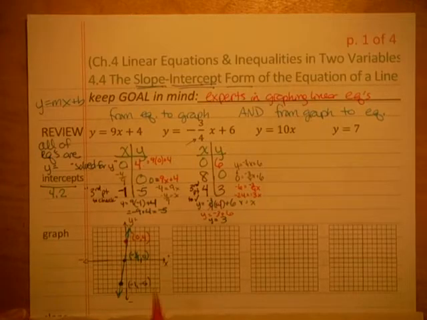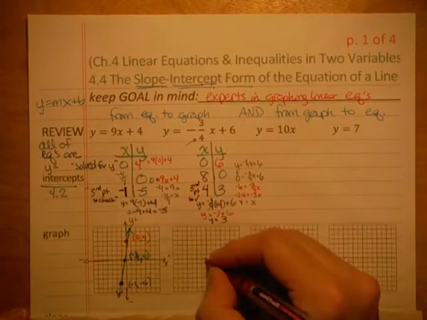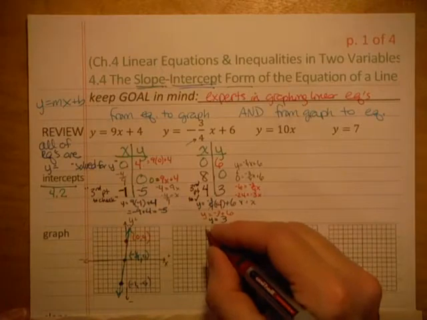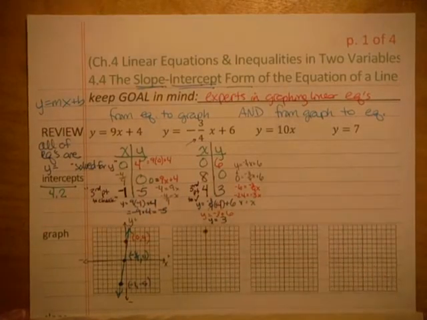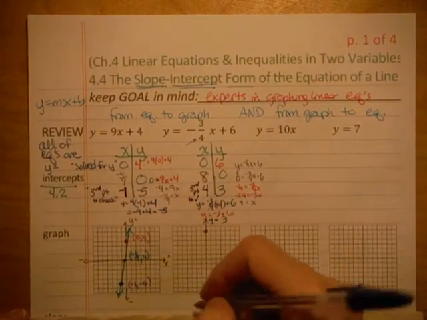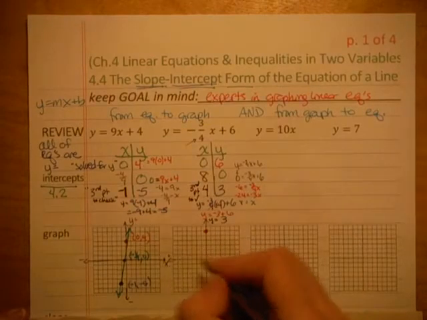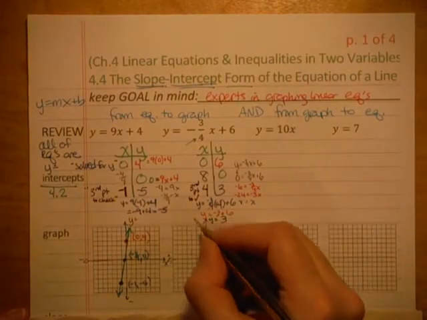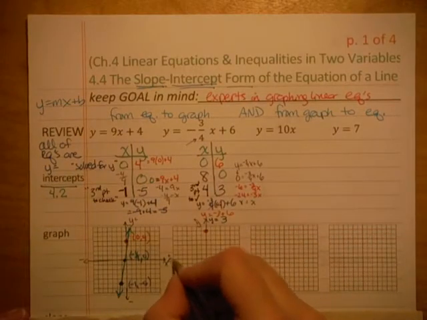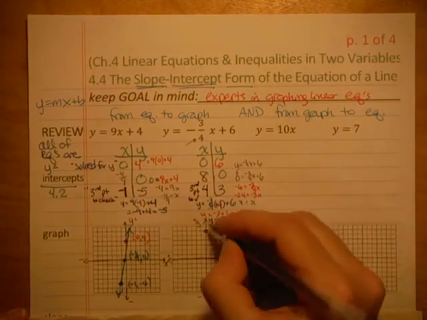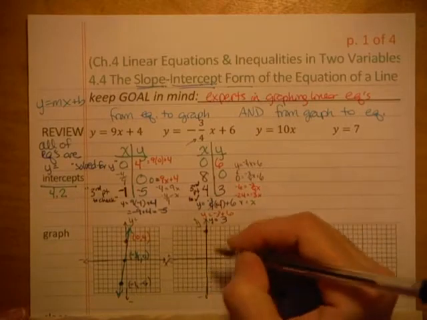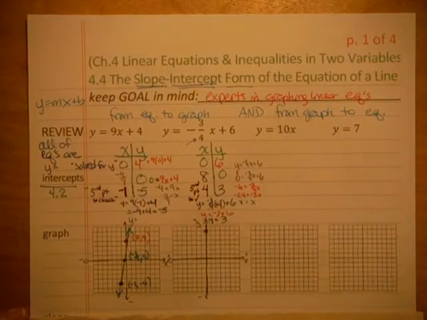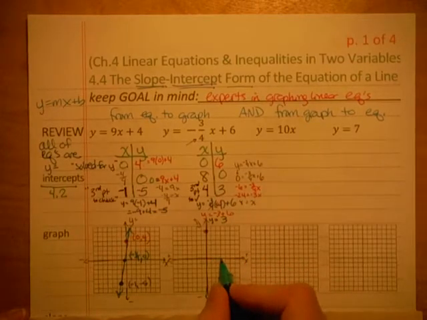And these are nice numbers for the intercepts, so I could get a real accurate line just from those 2 points here. Let's get our axes a little bit clearer. Okay, so I've got 0, 6 as my first point. I've got 8, 0 as my next point. 3, 6, 7.